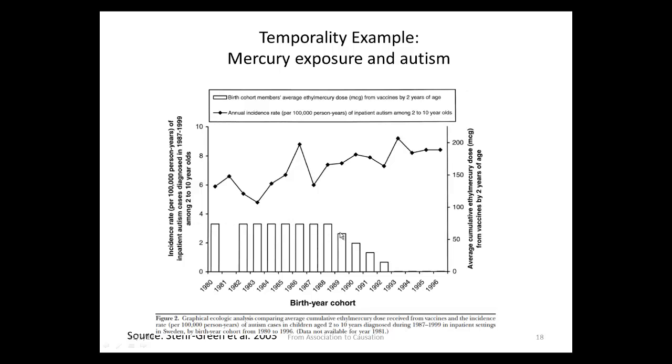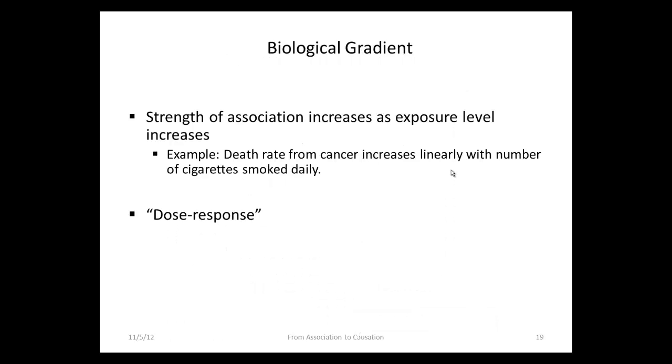This is a nice graph showing the decline in mercury exposure from vaccine preservatives in the late 80s, early 90s, while the incidence of autism was still climbing. So that's definitely a piece of evidence against the temporal link between mercury exposure and autism.